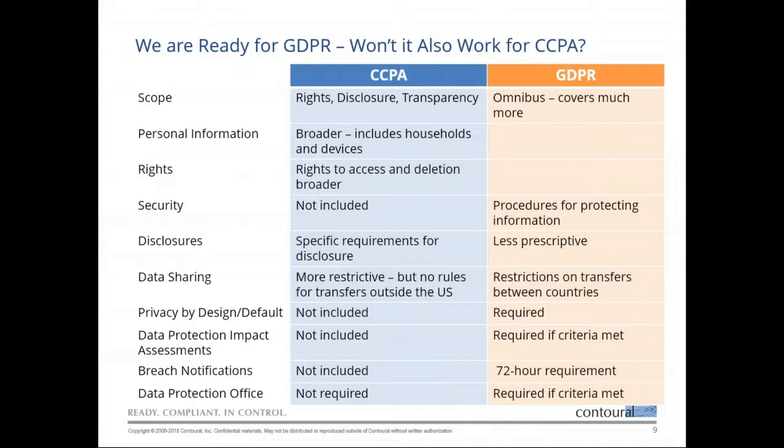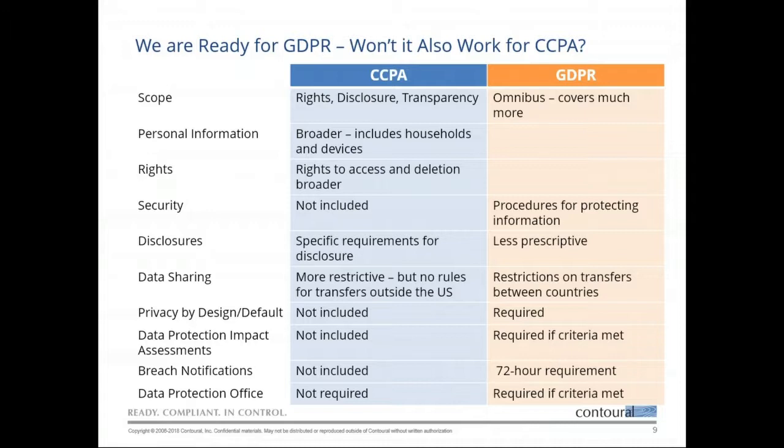Disclosures: there are specific requirements for how to do the disclosure under California, where GDPR is more principles-based and less prescriptive. With data sharing, it's interesting. There are really restrictive data sharing requirements from the GDPR, especially with countries outside the EU. No such restriction in the California law, but data sharing requirements between agencies and between organizations that share personal information actually tend to be a little bit more restrictive.